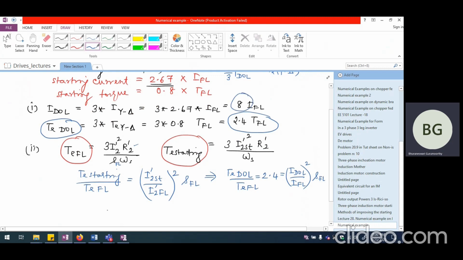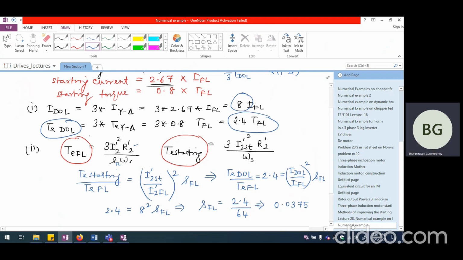So 2.4 equals 8 square multiplied by S full load. From which S full load, the slip at full load condition, is 2.4 divided by 64. So this is going to be the full load slip value, which comes out to be 0.0375.